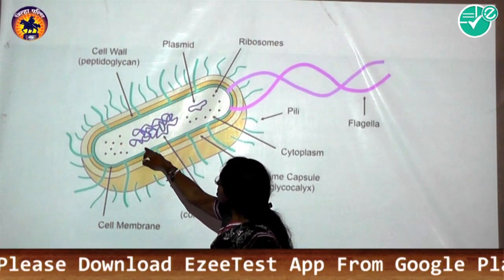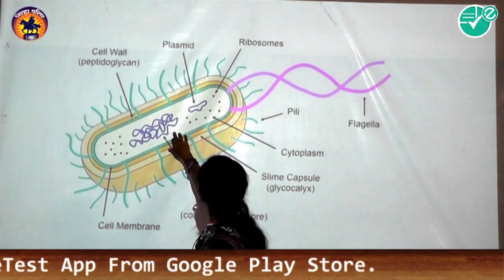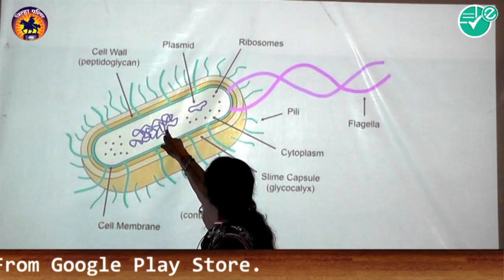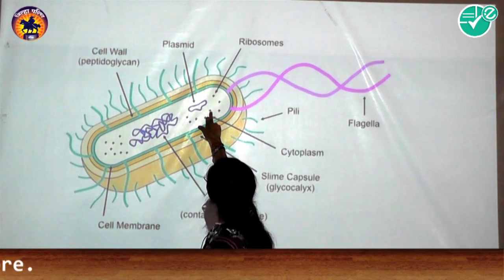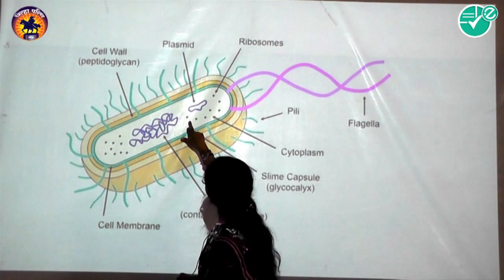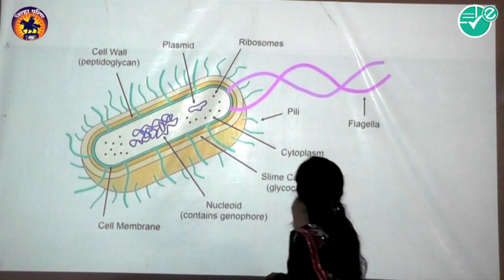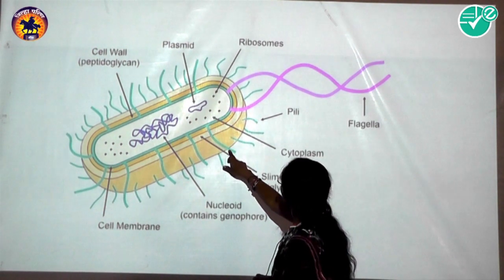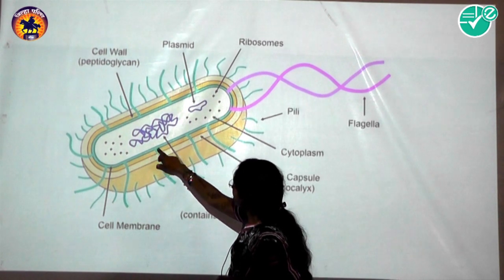That cytoplasm contains minerals, salts, enzymes and genetic material, that is plasmid. These dense bodies are called ribosomes. And these extensions arise from the plasma membrane.